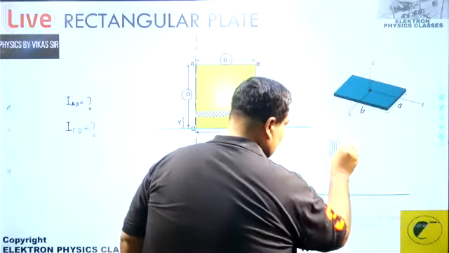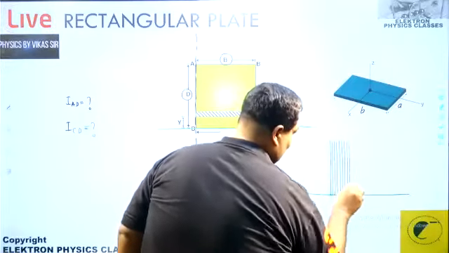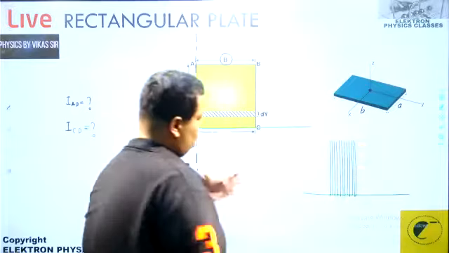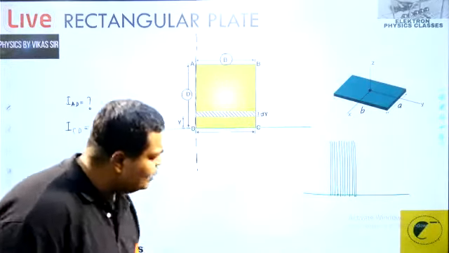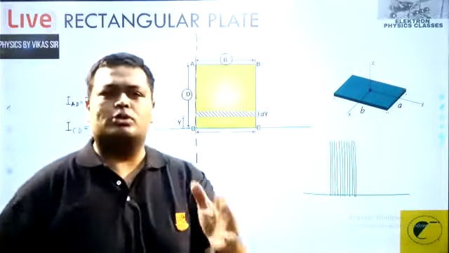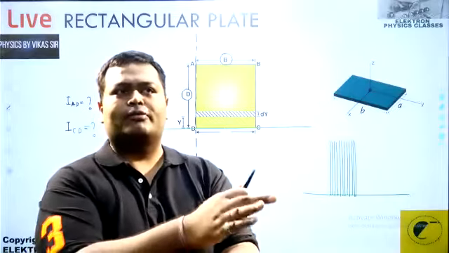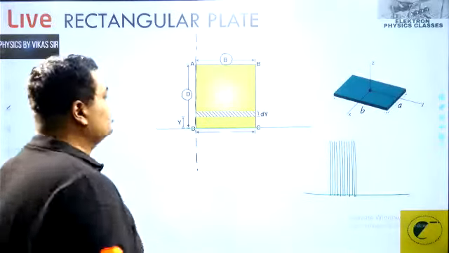Infinite such rods are going to complete that plate like this. Since this axis is passing through the end of each rod, for an axis passing through the end of each rod, what is the moment of inertia? ml square by 3. You remember that? It is ml square by 3.